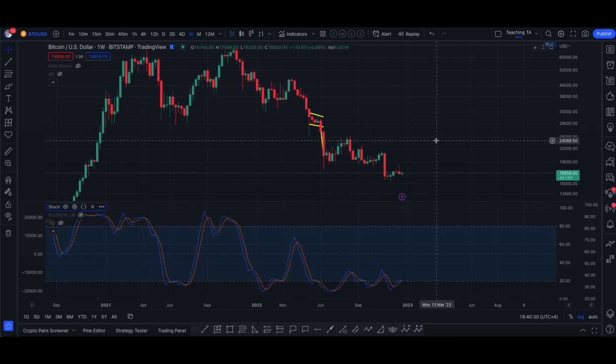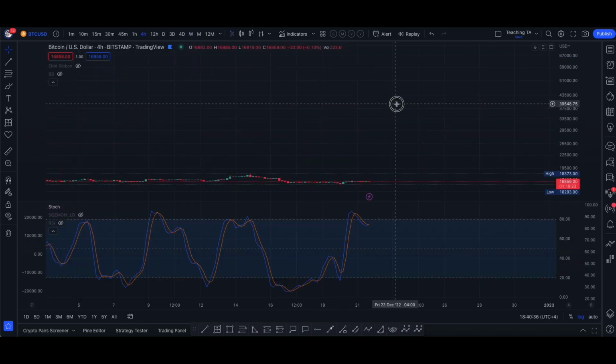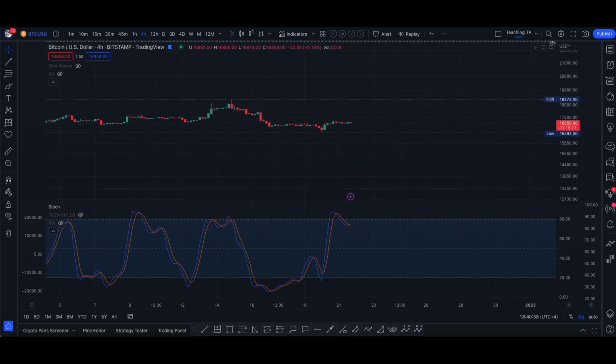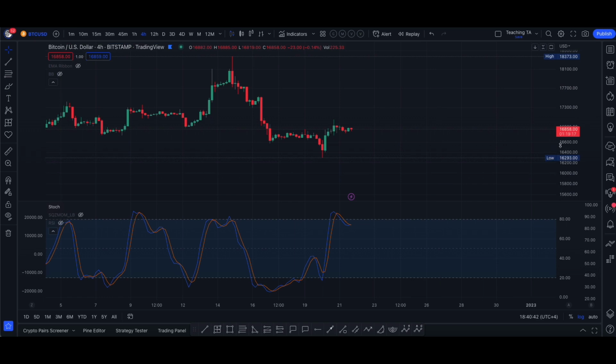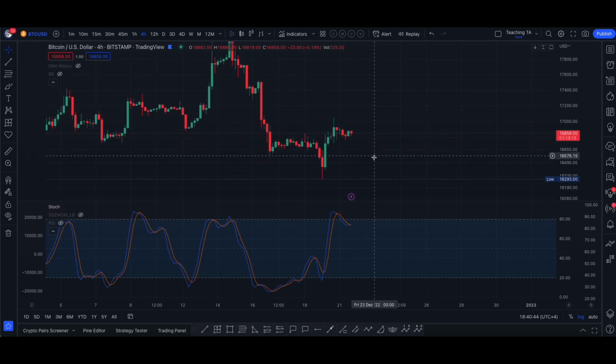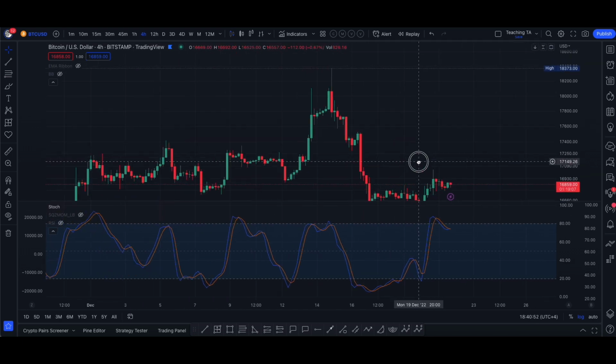Now the stochastic is very, very nice for short term, right? So I like to use this on the 4 hourly, the 1 hourly, and the daily because it will show you immediate short term price, let's call it trend changes, right? So over here, you can see when the blue line crosses the orange line, you saw that we immediately had a fall in price, right?